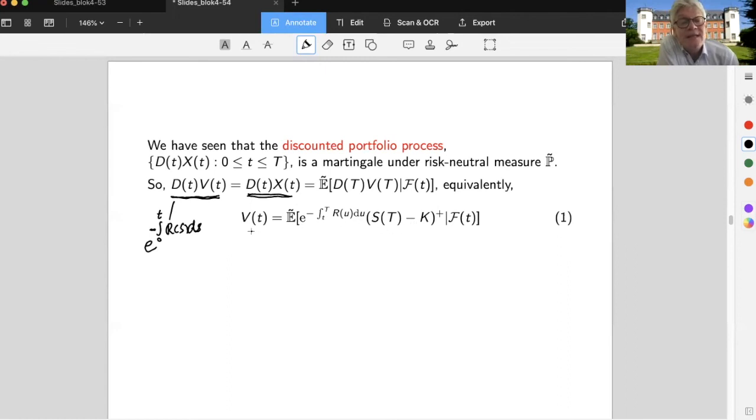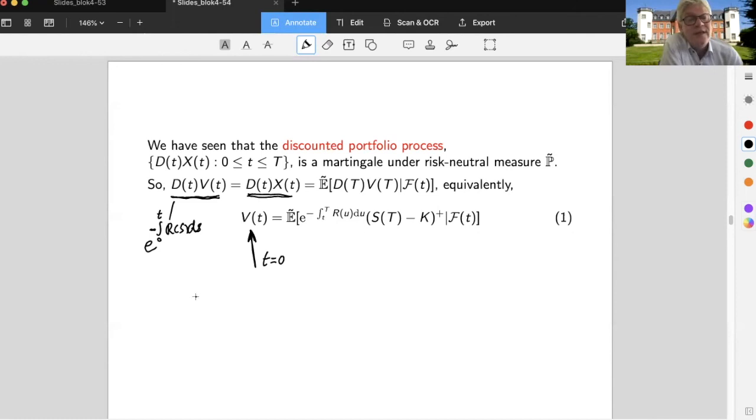And that is then, in fact, the option value at any time little t, at any time prior to the final time capital T. So we have a closed form expression for our option value at any time, particularly also at t equal to 0, right? We can take little t equal to 0, and then we get this.